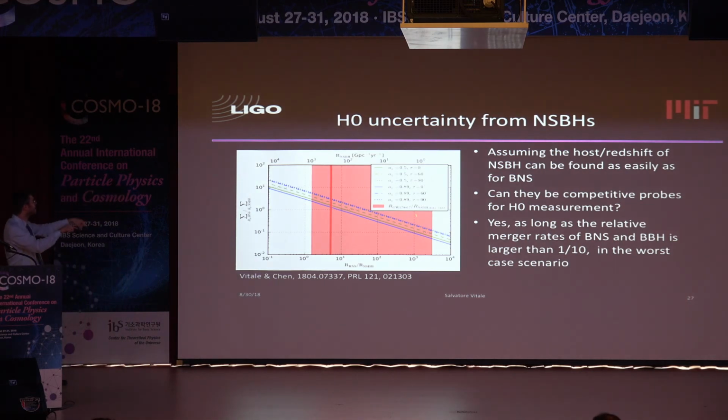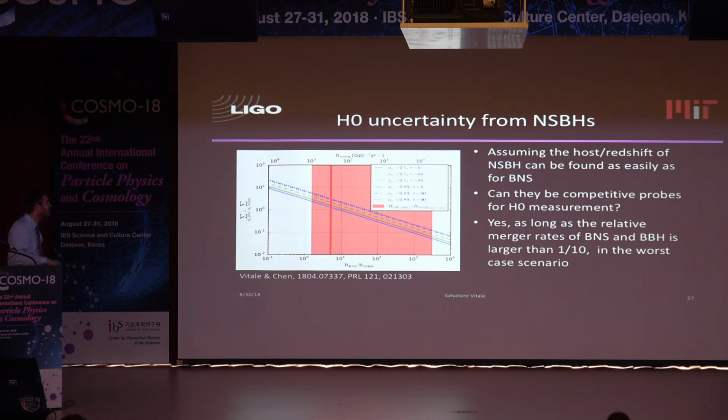And the red band here is the current relative ratio of the rates that we get from astrophysicists, which is very broad. But the bottom line is that even in the worst case scenario, you can do better with the neutron star black hole. Sorry, this should be neutron star black hole, not binary black hole, I apologize.